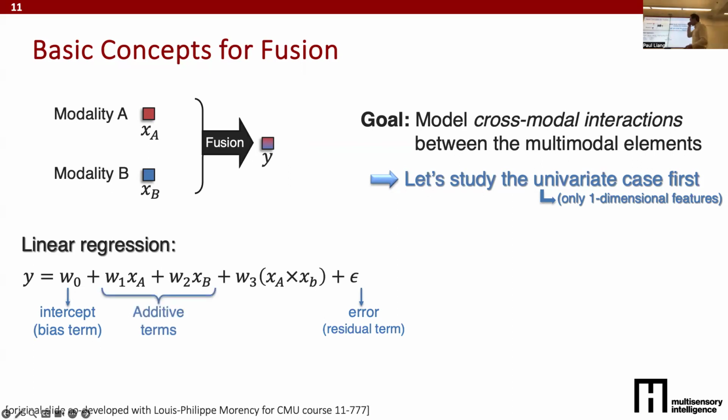So you can think of the first two terms as additive terms, each of the modalities contributing independently, weight 1 times the first, weight 2 times the second. And you want to think about this additional term as a multiplicative term, or we call it a multiplicative interaction. We first take the multiplication of the two modalities and then determine what is the weight w3, which is useful to predict the label.